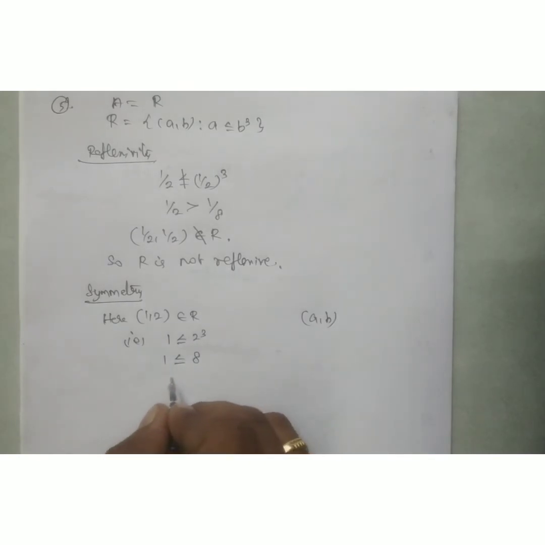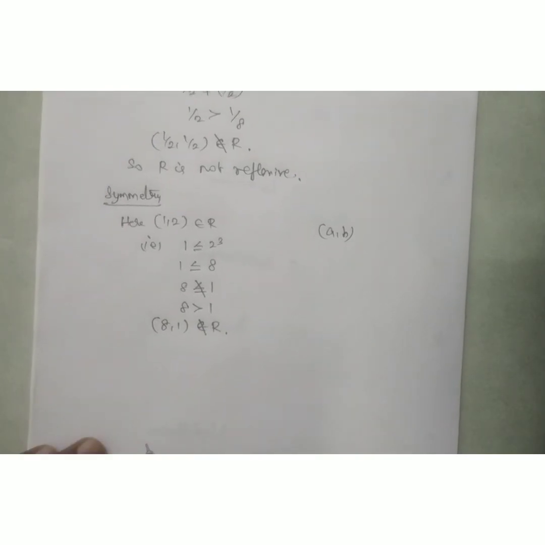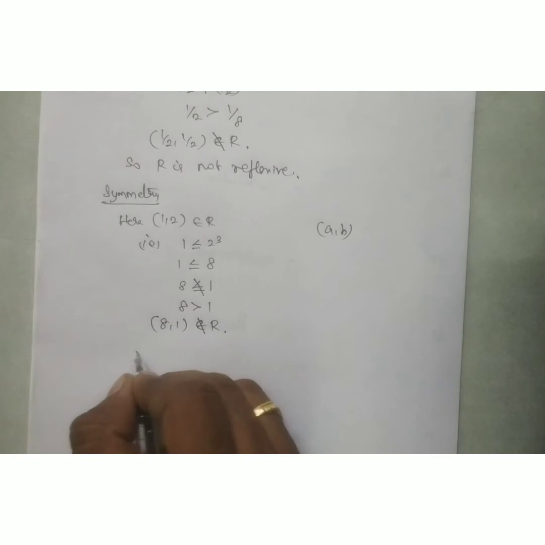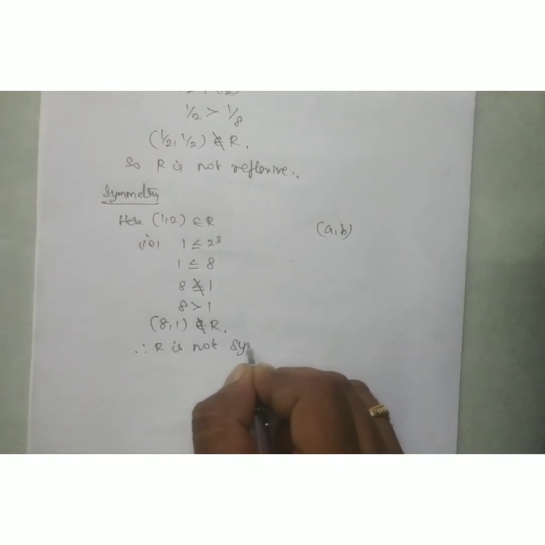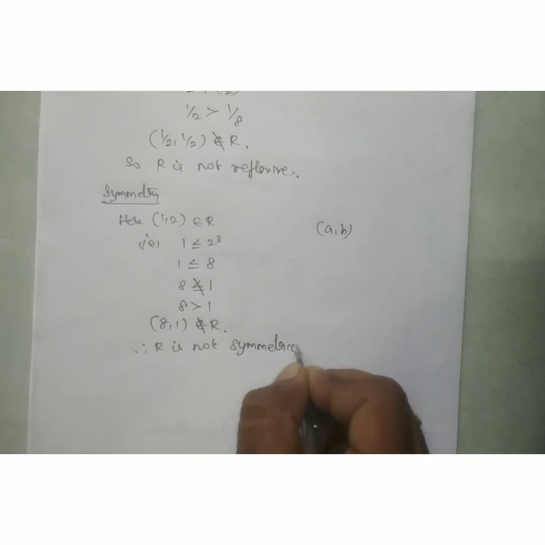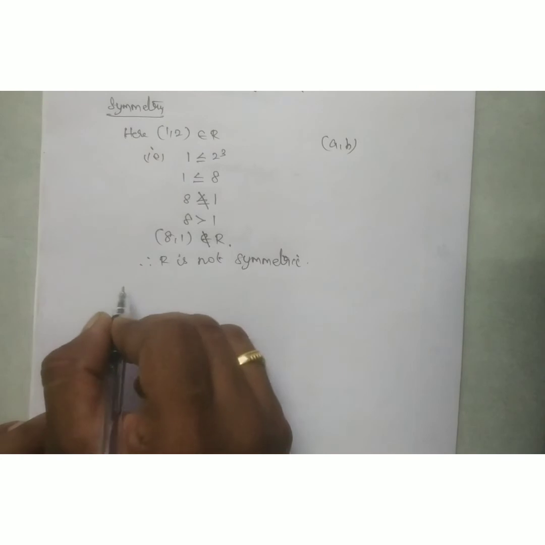But what about inversely? 8 is not less than or equal to 1, because 8 is greater than 1. So clearly 8 comma 1 does not belong to R, therefore R is not symmetric.